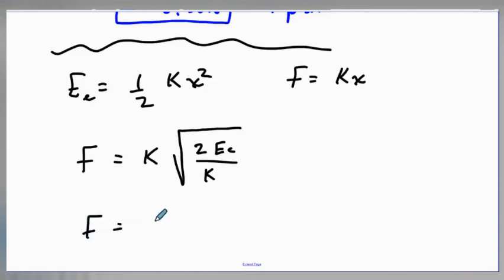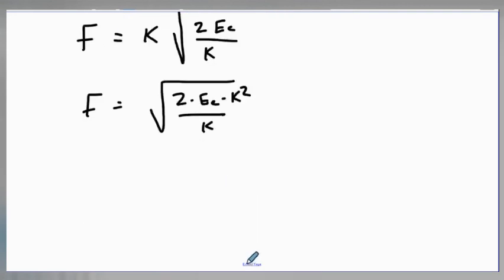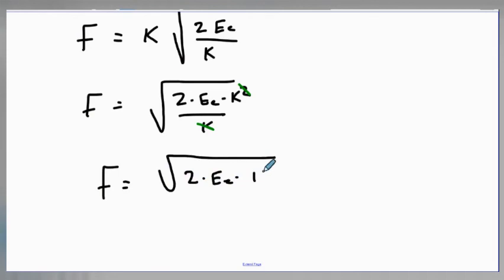So the F, I could put the K back inside that root. That would be like saying 2 times the energy times K squared over K. And now I can see that one of these K's will cross out with the other. That's in the denominator. So I have a new formula that the force is the square root of 2 times the energy times the K value.